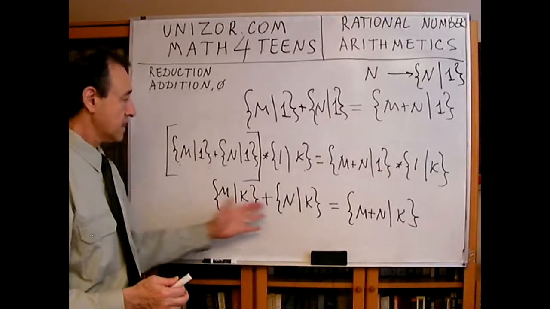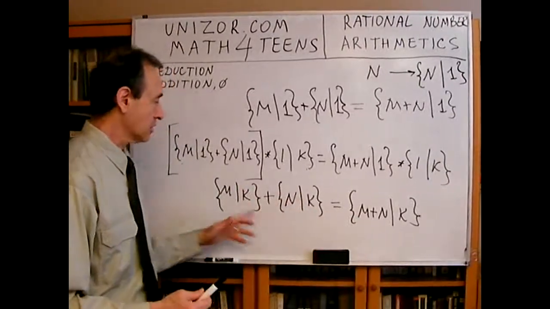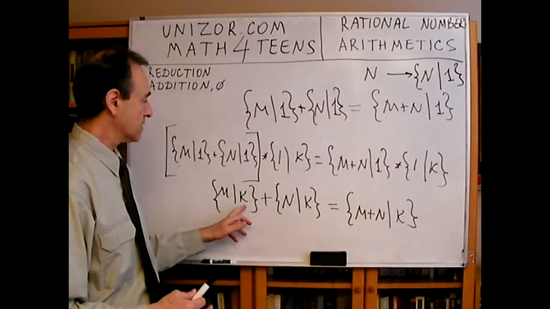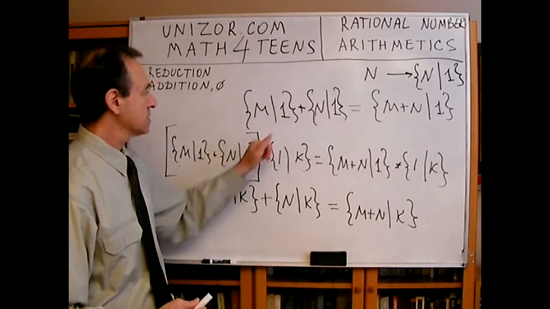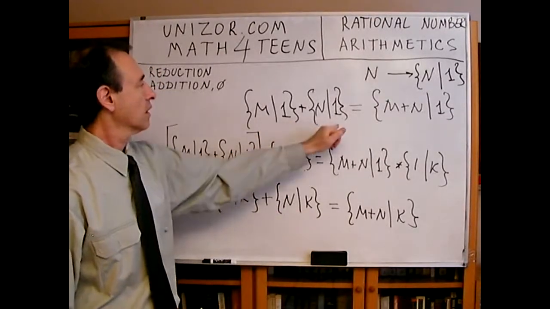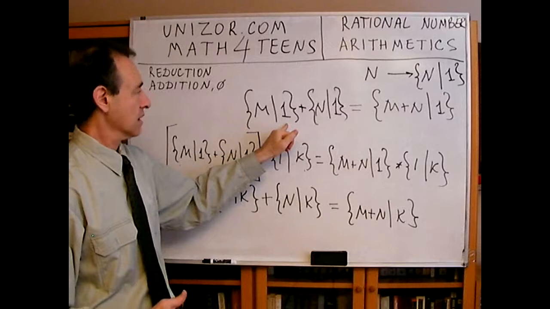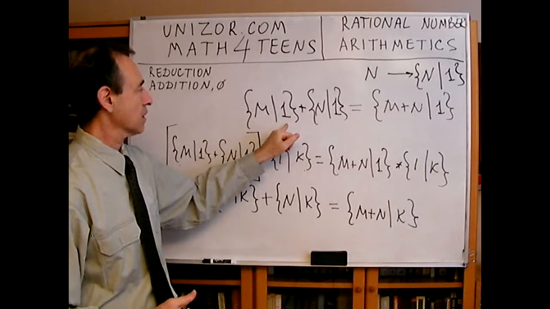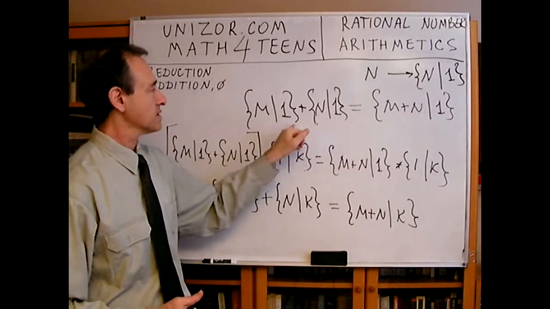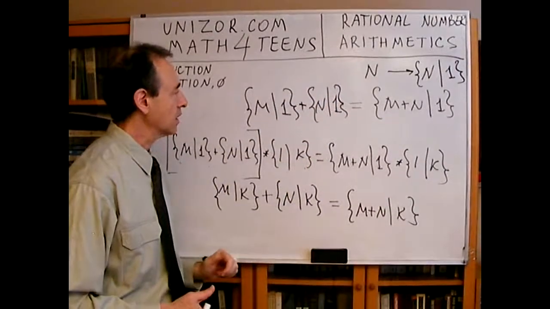So this is a definition of the addition of two numbers which have the same denominator. This was a definition for the addition of two rational strings with 1 as the right-hand side, the denominator.